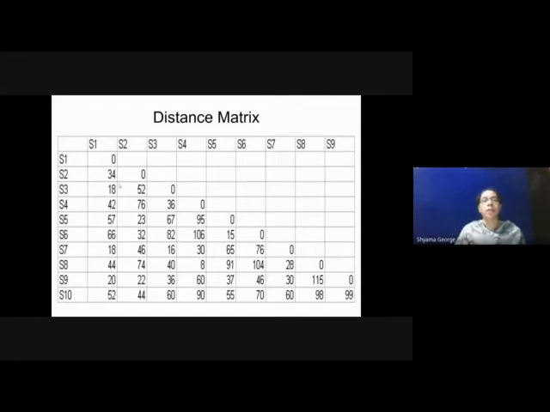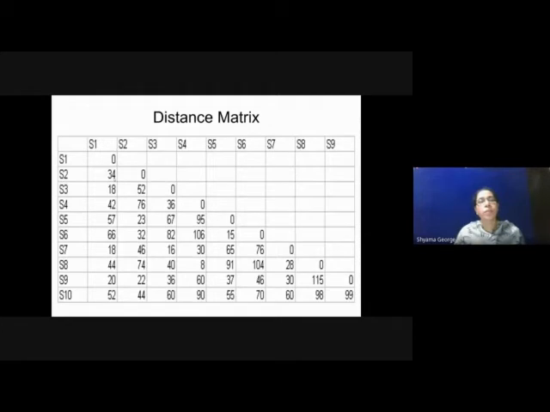You can see that the distance between S1 and S2 is 34. Similarly, you can find all the distance values between S1 and S3, S1 and S4, and so on. Here only the upper part of the matrix is shown, because the other part will be similar. So only one portion is shown.